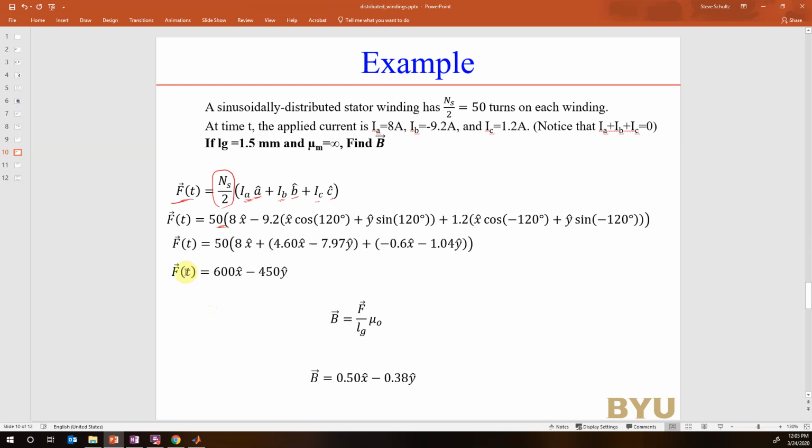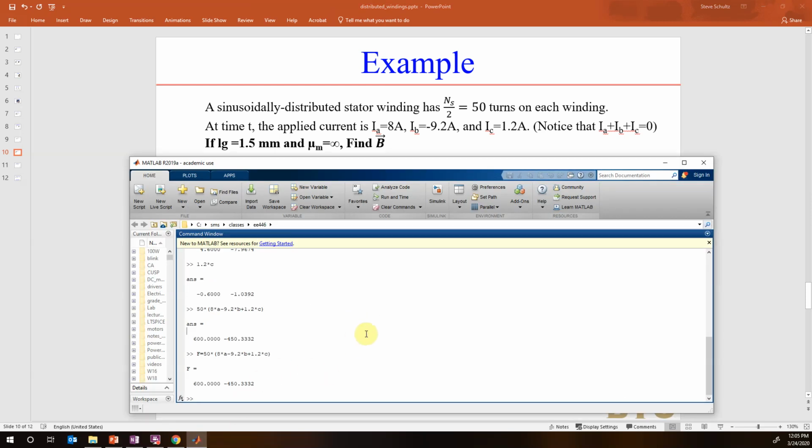So now we want to convert from F to my magnetic flux density B. I'm going to take F divided by my air gap distance times the permeability of the air gap, which is mu naught. So my B is going to be equal to F divided by 1.5 milli times 4 times pi times 1e to the minus 7, which is the permeability of free space, or the permeability of the air.